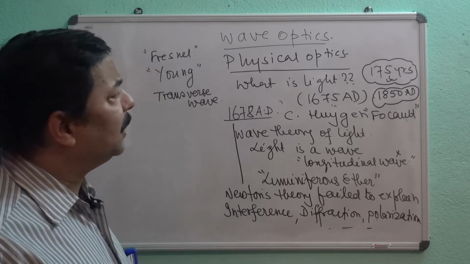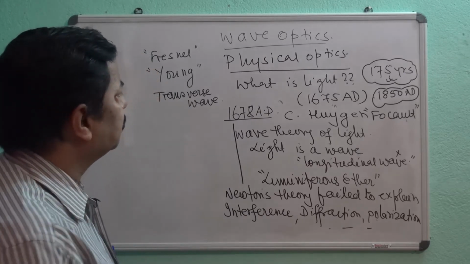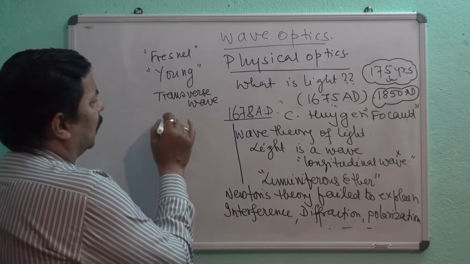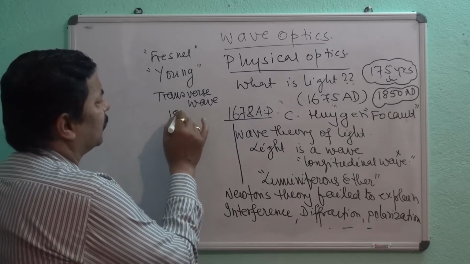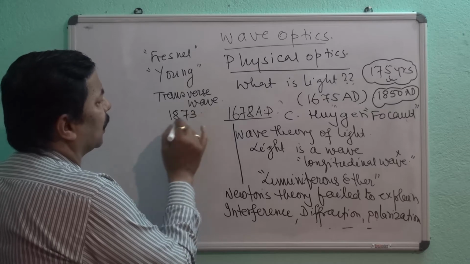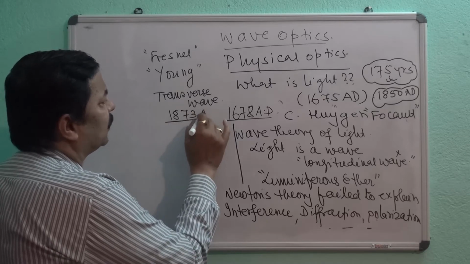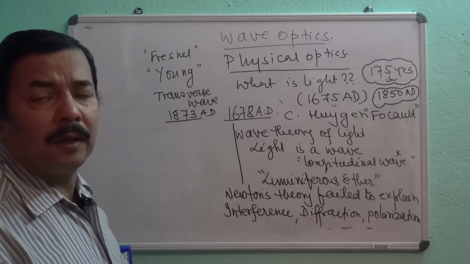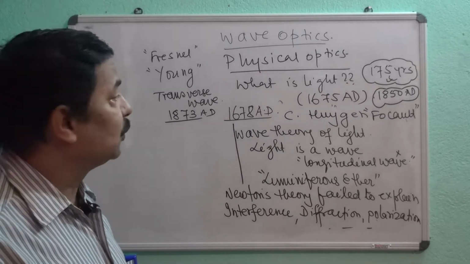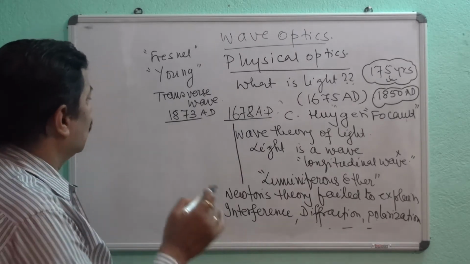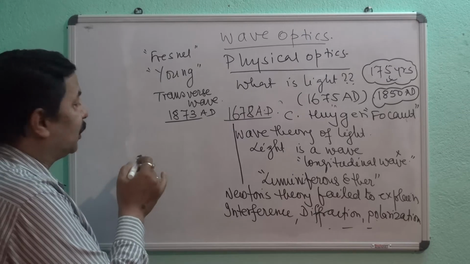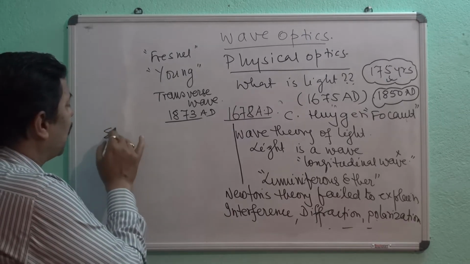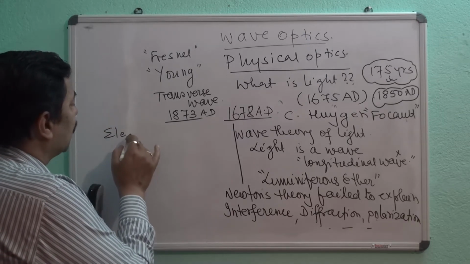Now, in the year 1873, there was a scientist whose name was Maxwell. He gave the electromagnetic theory of light.